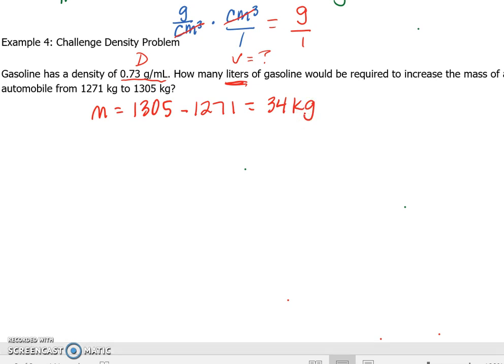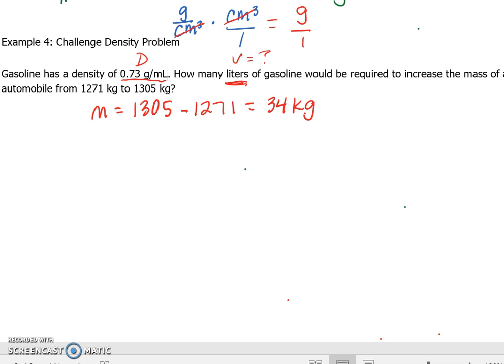Now here's why it's a challenge problem. My mass here is in kilograms and my density is in grams. So we need to convert to grams, which, if you remember from a previous science class maybe, or the metric system, there are 1,000 grams in 1 kilogram.